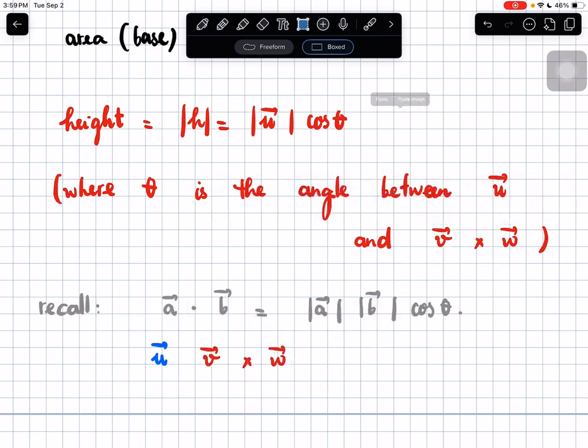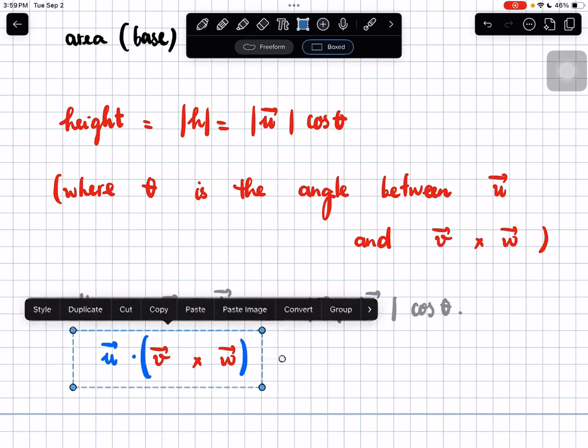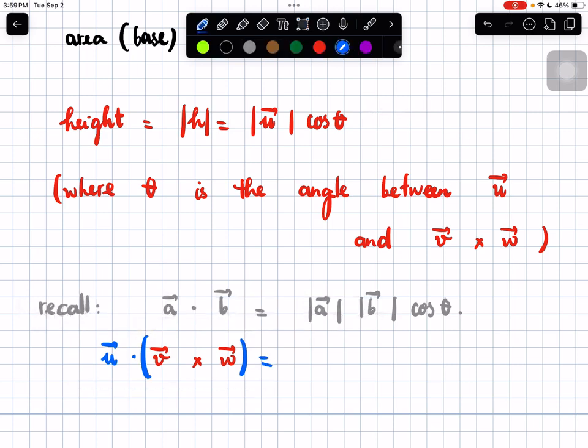So a dot b is equal to the length of u, the length of v cross w, and the cosine of the angle between them.